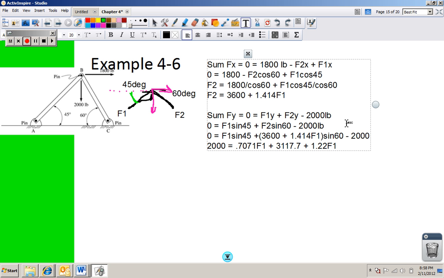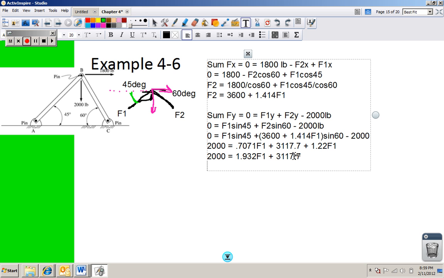Okay, so now I just need to do a little combining of terms. 2,000 equals, let's see, 1.932 F1, oops, F1 plus 3117.7, alright.